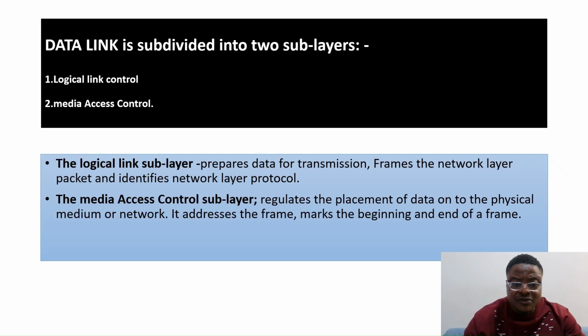The logical link sublayer prepares data for transmission, frames the network layer packet, and identifies the network layer protocol. The media access control sublayer regulates the placement of data onto the physical medium or network. It addresses the frame and marks the beginning and the end of the frame.